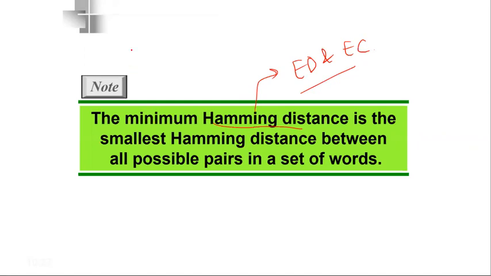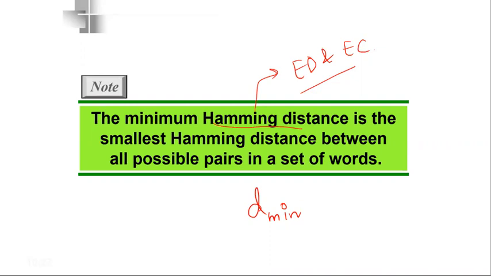If we have a set of words, then the minimum Hamming distance is the smallest Hamming distance between all possible pairs. We find the distances between all the possible pairs, and then we get the minimum Hamming distance. The notation for the minimum Hamming distance is d min: d is for Hamming distance, and we write the subscript min for minimum.